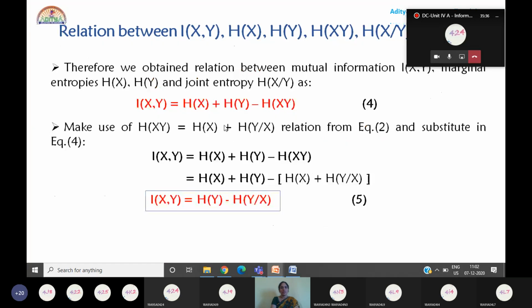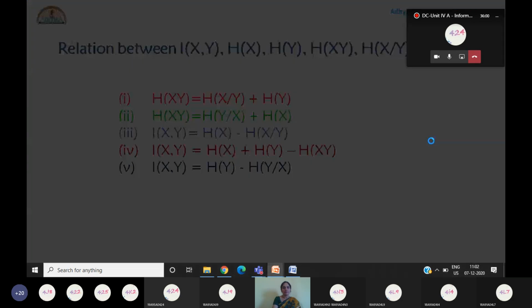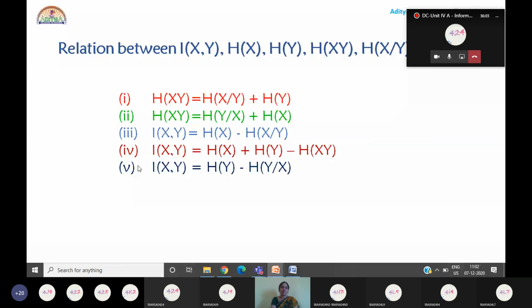Once we have this relation, once again represent H of xy in terms of H of y by x. Already you know H of xy is H of x plus H of y by x. So I replace this and finally you will obtain I of xy also as H of y minus H of y by x. So if you want to prove the 3, 4, 5 relations, you should start from the third property of mutual information, and there is no need to prove the first and second relations there.